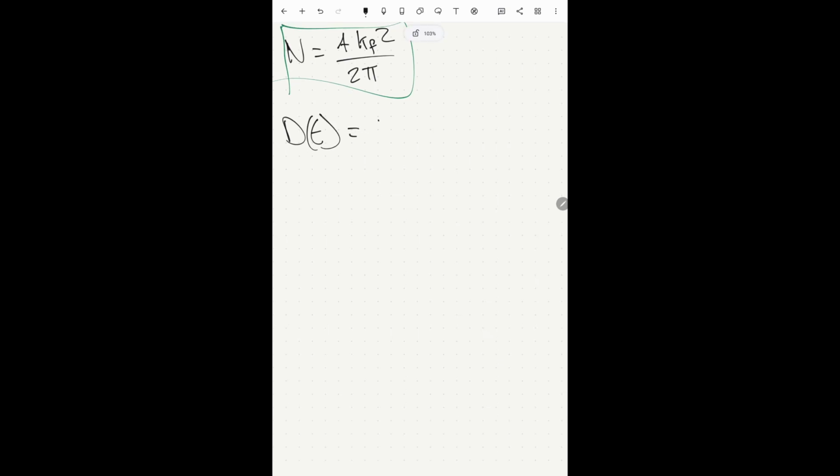Now this is equal to the derivative of the number of electrons with respect to their energies. So we're kind of at a loss here, right? Because the number of states is in terms of kF, not EF. So how do we get this to be n of EF?